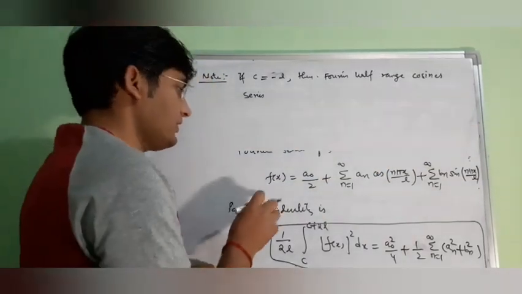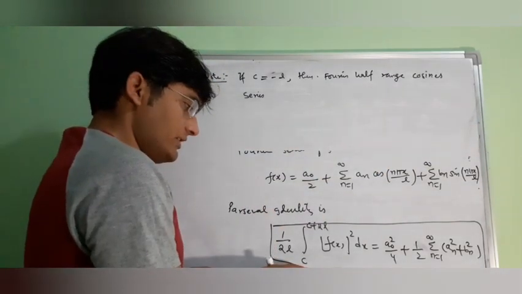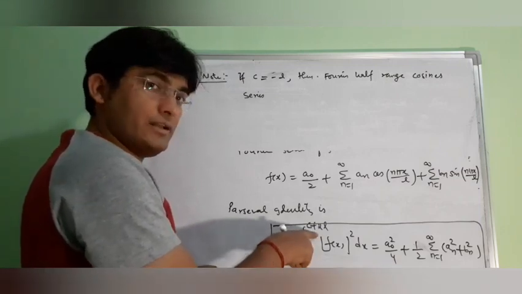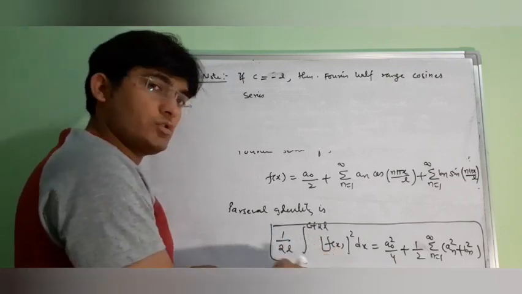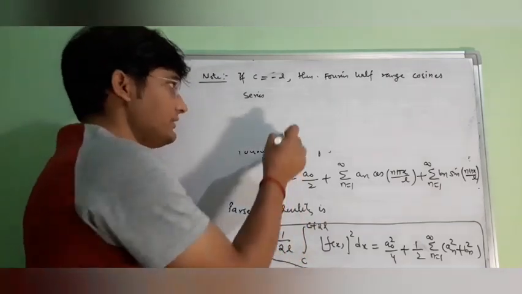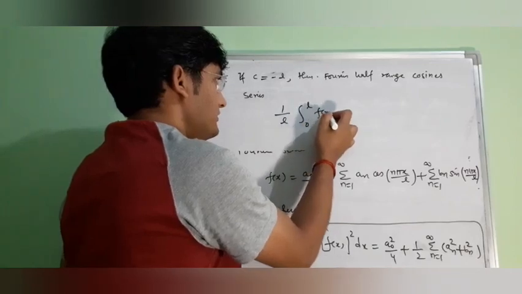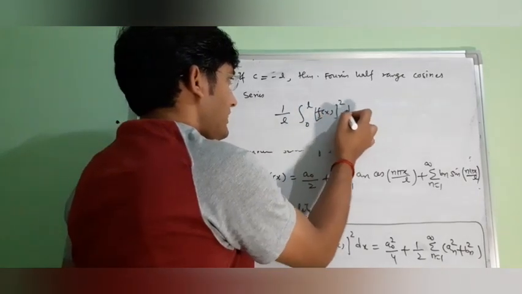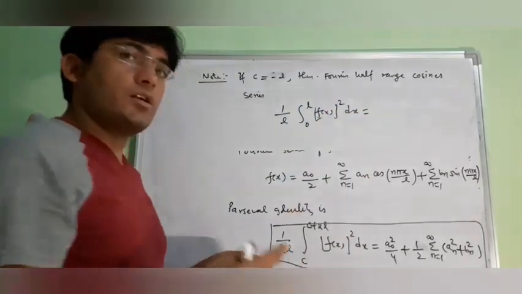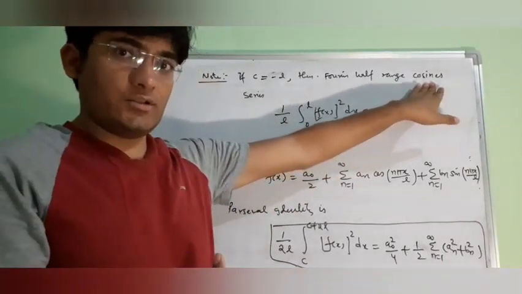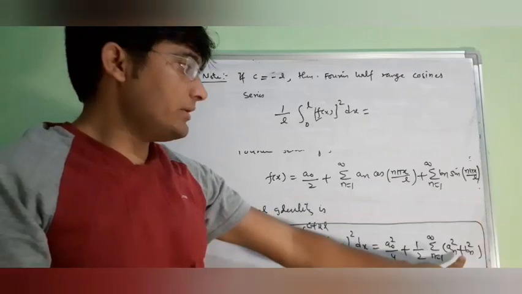Then the integral will be from minus l to plus l. As the function is even, this will be 2 times, so this 2 will be cancelled. So we will have 1 upon l integral 0 to l of f(x) whole square dx equal to, as we are computing the half range cosine series, b_n will be 0.